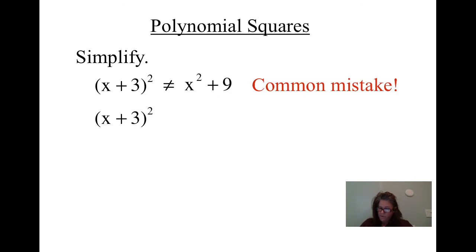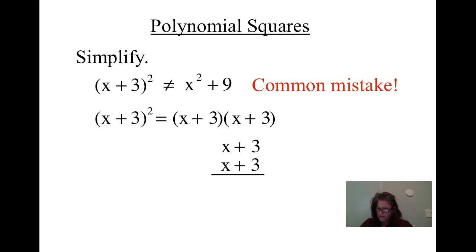So what this means is the entire binomial is squared. So it means x plus 3 times the quantity of x plus 3. And when I multiply that out, it becomes a very different answer. It becomes x squared plus 6x plus 9.